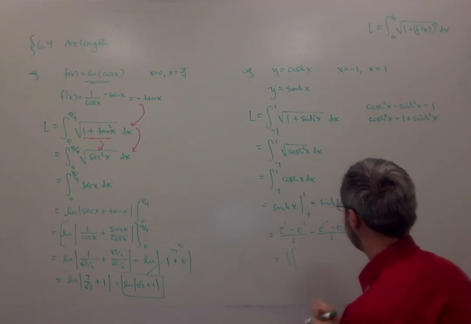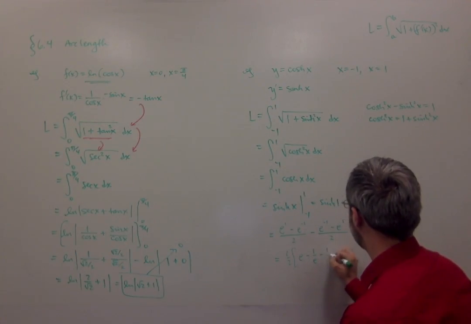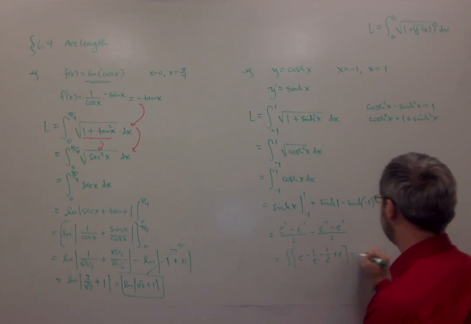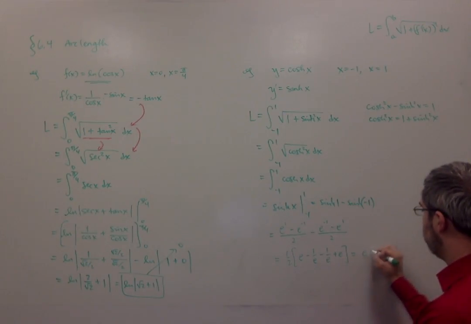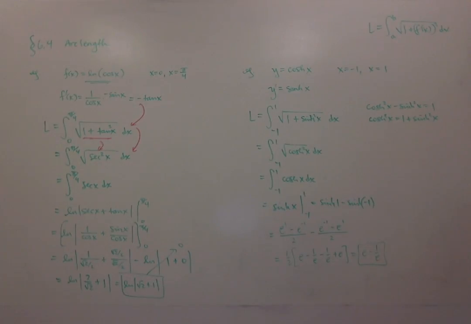If I factor out that half, we've got e minus 1 over e, minus 1 over e, and the negative gives me a positive. So I've got e minus 1 over e. Okay.